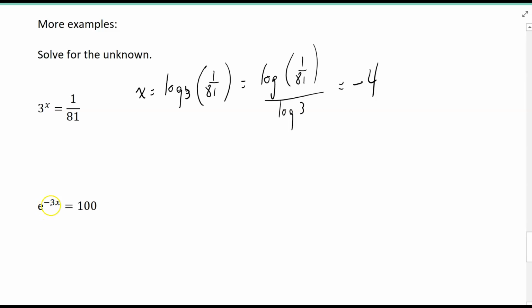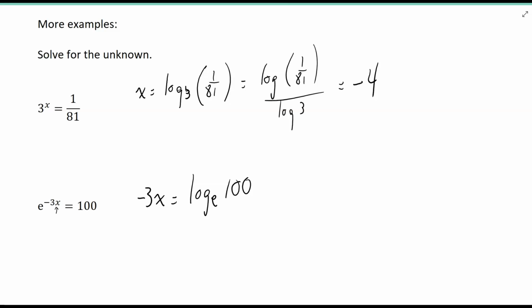e to the -3x equals 100. This is exponential form as well, with the unknown in the exponent. So we should say that the exponent -3x equals log base e of 100.